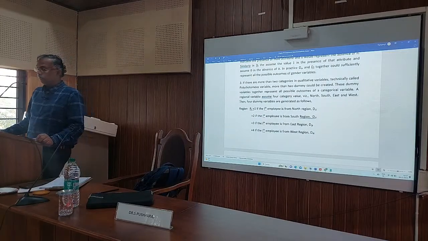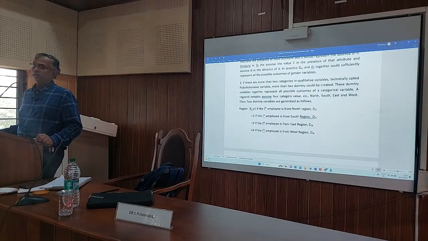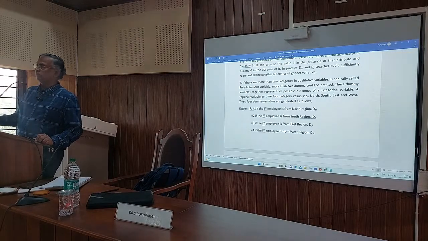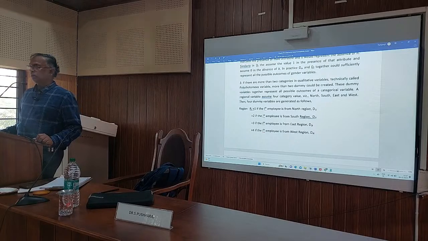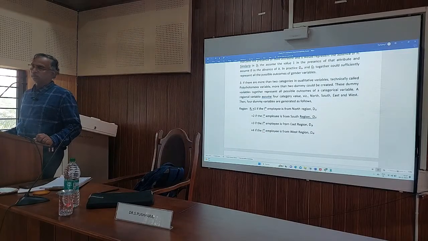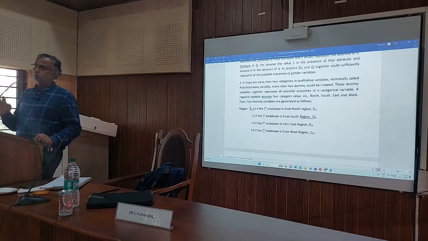So if you have a 4-category region, you will convert them into 4 dummy variables, each having 0, 1 indication. If a particular employee belongs to north, I'll put 1, otherwise I'll put 0.